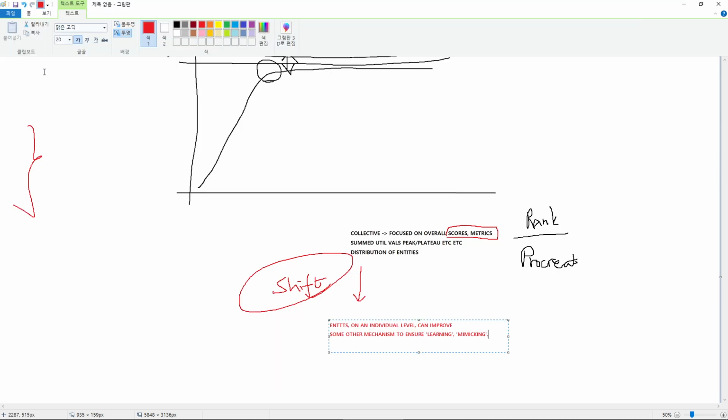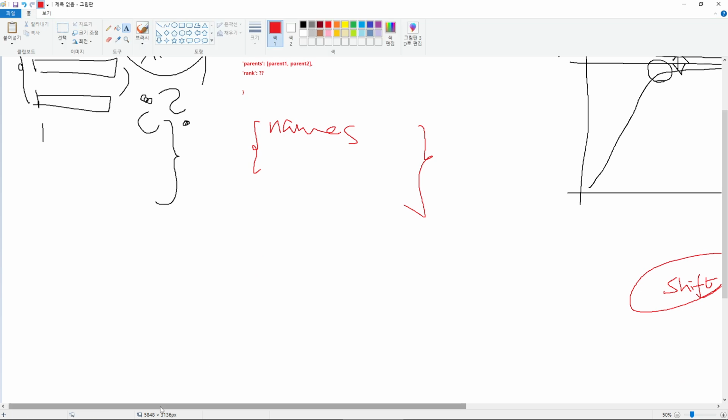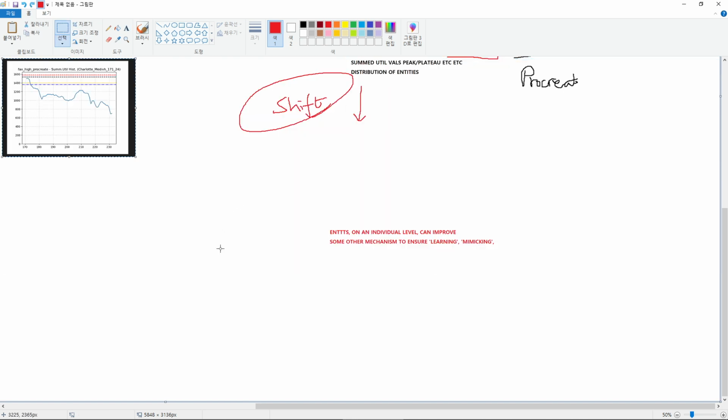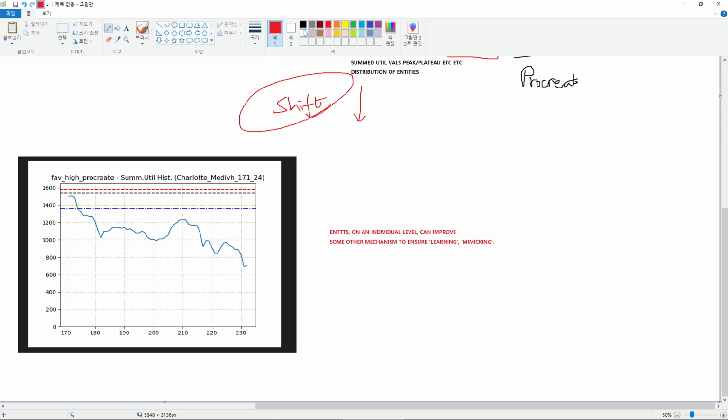So I want a mechanism so that when an entity is introduced, for example somewhere here, it might fall down a bit, but then it can come back up, and then fall back down, and then constantly keep going back up, and then maybe fall down again, and then come back up, stay there, fall down, and come back up, something like that.